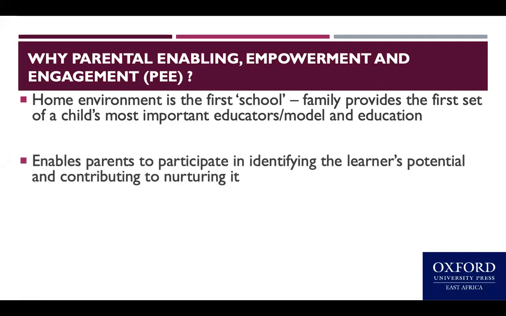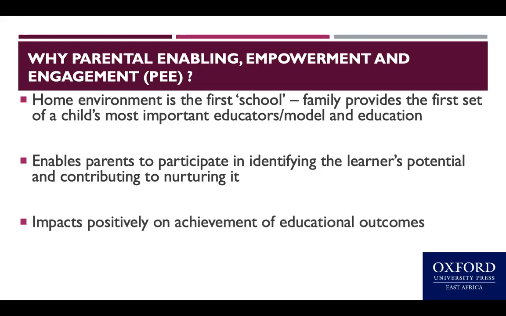It's critical to have parental involvement, engagement, empowerment, because it is we parents who will help our children identify their potentials as they continue. It also impacts positively on how they achieve in their educational outcomes now while they're in school and even for the future.